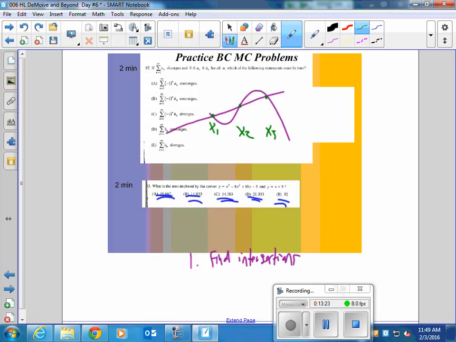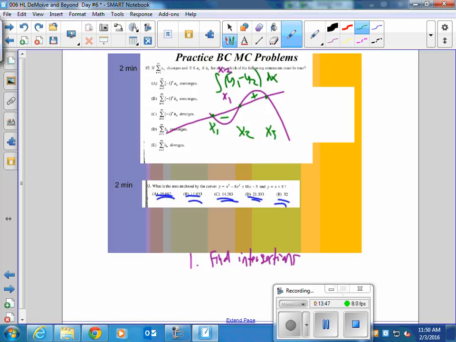If you just integrated from the low to the high, you're going to get some of this area canceling out. So you're going to need to integrate y1 minus y2, one minus the other, from x1 to x2.